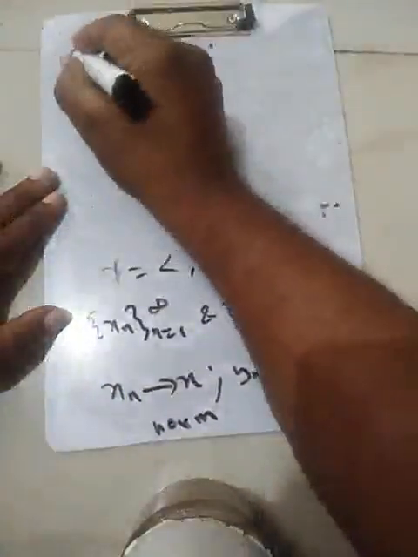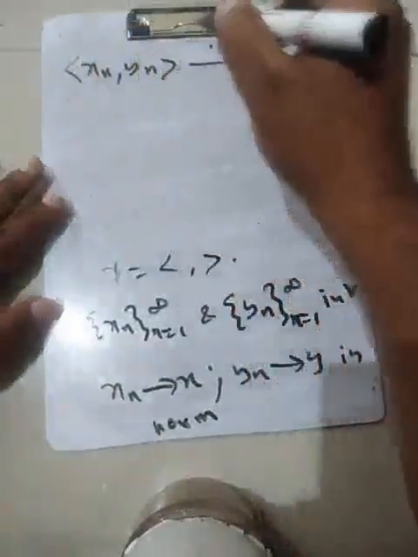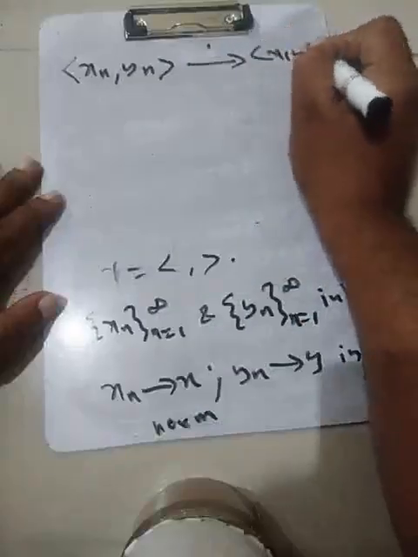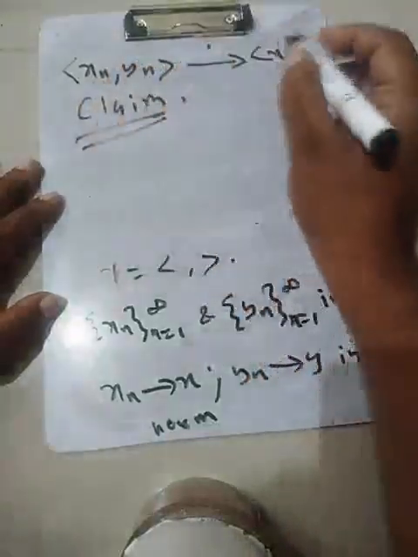The inner product of xn comma yn converges to x comma y. This is the claim that we are trying to show.